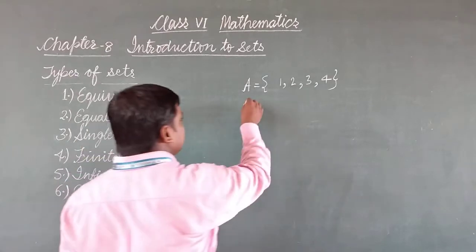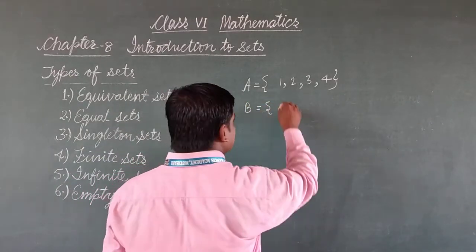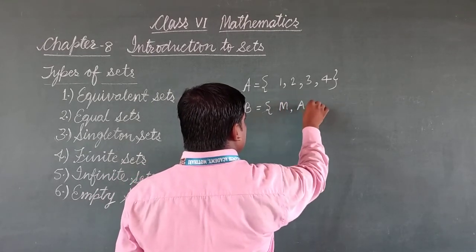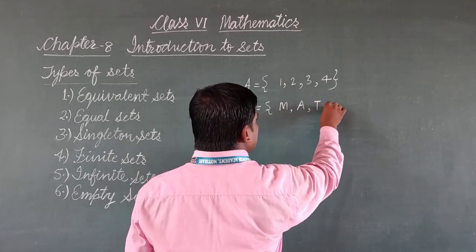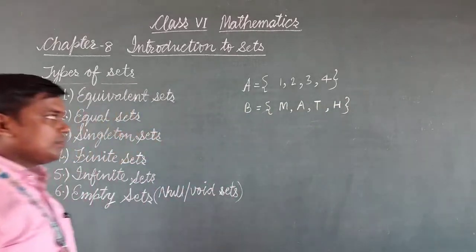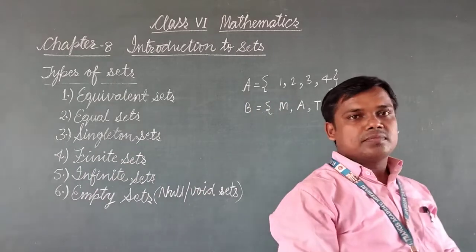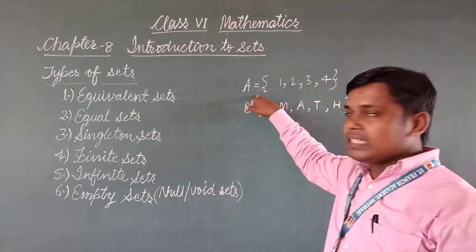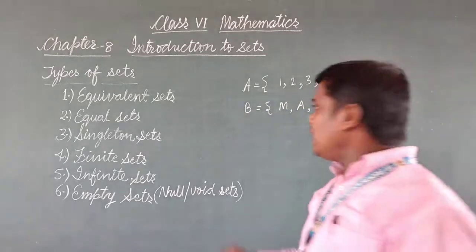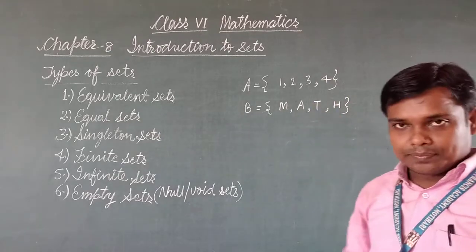Another set we have, B, and its elements are M, A, T, H. As you are seeing these two sets, set A has its elements 1, 2, 3, 4 and set B has its elements M, A, T, H.